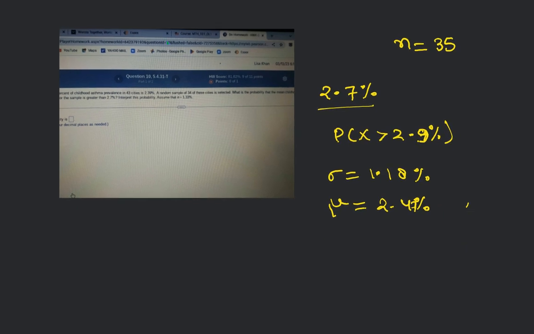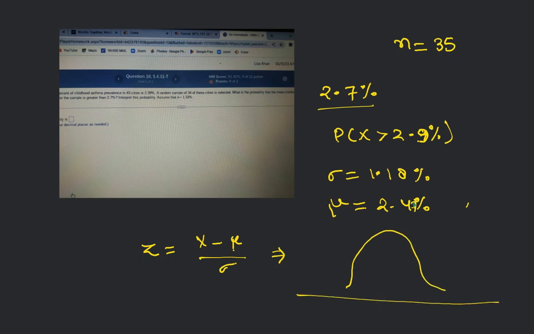So in that case, if we try to find the Z score, the Z score is basically X minus mu over sigma. And since we need to find the probability, the mean is 2.47%, and this is the standard deviation.